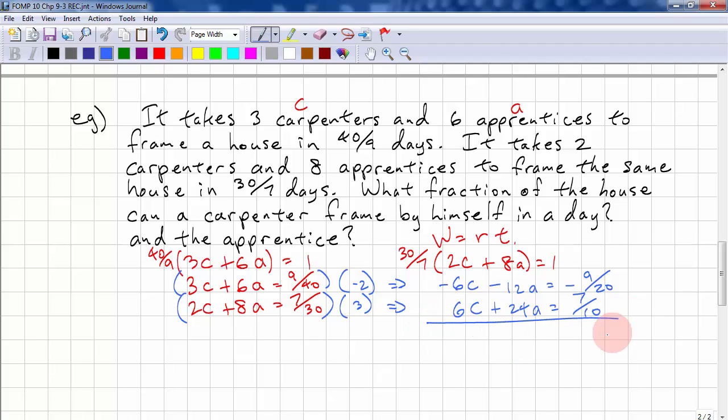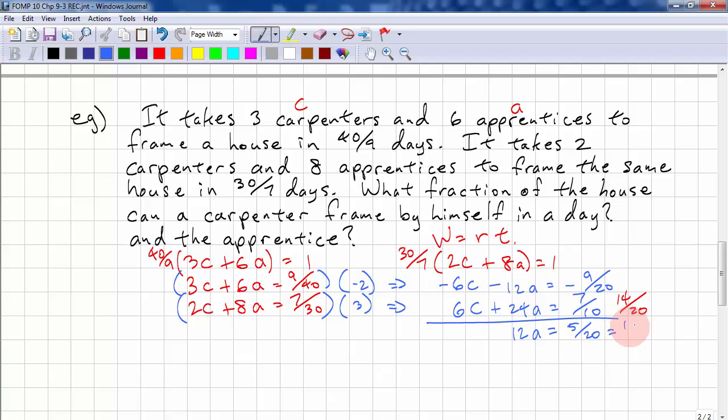Okay, now we can go ahead and add the two. This cancels out. 24a minus 12a is 12a. We can't add this right away. We need a common denominator, so this is 14 over 20. So 14 minus 9, that leaves us 5 over 20.